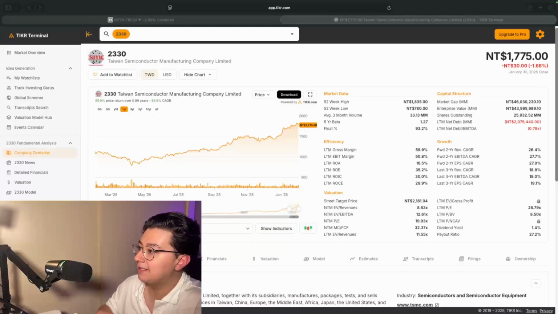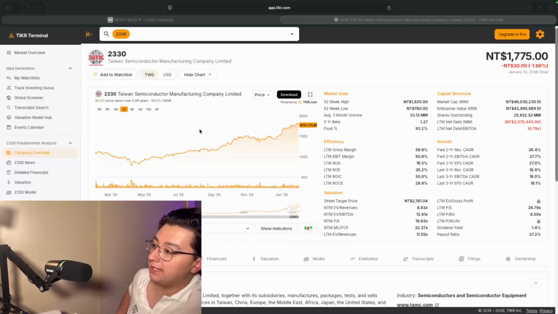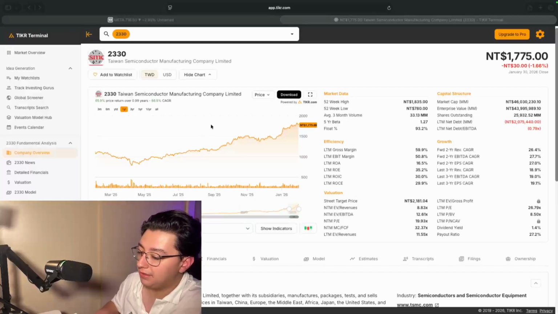And keep in mind that Taiwan Semiconductor has a head start against all of these other companies by a lot of years. So I obviously don't believe that this company is undervalued, but I do believe that it has high competitive advantages. And as demand increases for chips, so will this company. Its share price will increase. So it's pretty much a summary of my 2026 stock portfolio.